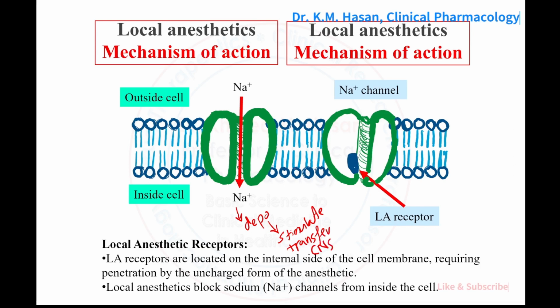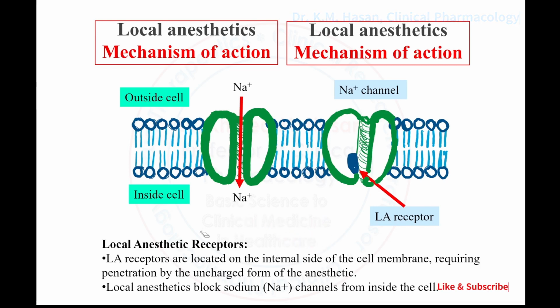So we have here the transfer of sensation from the peripheral tissue to the central nervous system through allowing sodium to cross the sodium channel from outside the cell to inside the cell and cause depolarization, stimulate these tissues and bring this stimulus to the central nervous system.